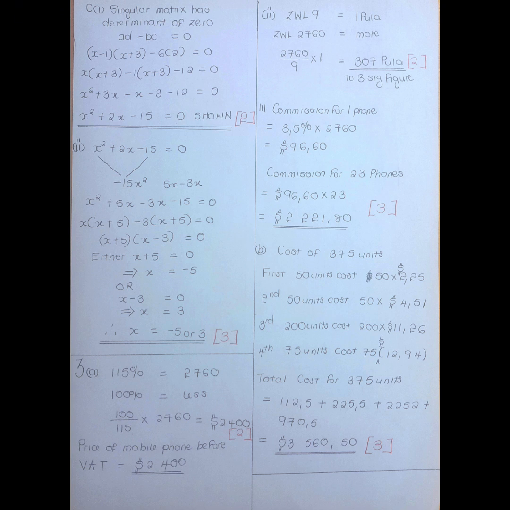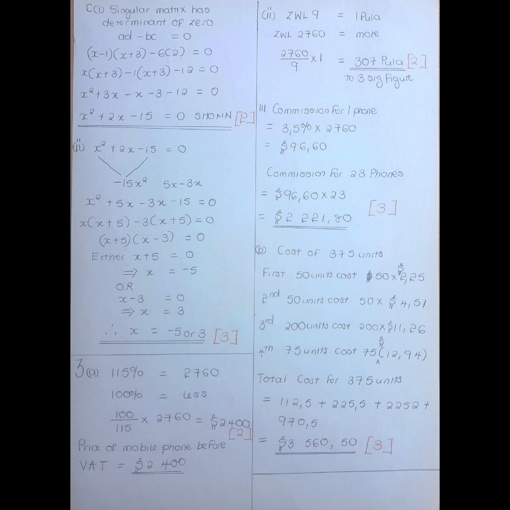And then part 3, a salesperson is paid 3.5% commission for each same model of mobile phone sold. Calculate the total commission the salesperson gets when 23 such mobile phones are sold. So we first need to calculate the commission for one phone. It is going to be 3.5% of 2,760.